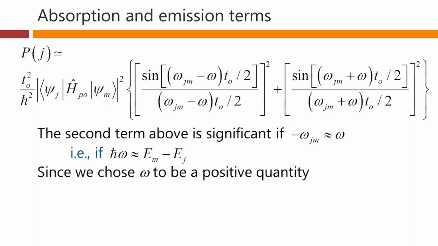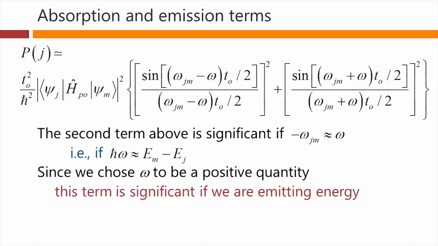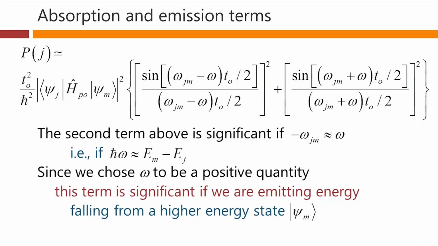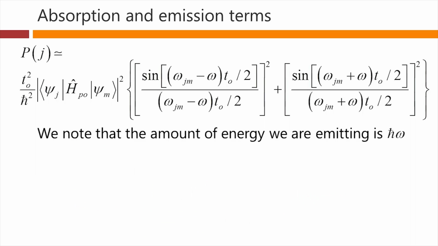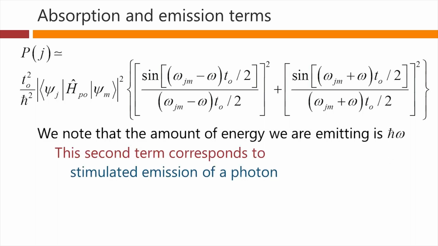Again, since we chose omega to be positive then, this term is significant if we are emitting energy, falling from a higher energy state, psi m, to a lower energy one, psi j. We note that the amount of energy here that we are emitting is h bar omega. So this second term corresponds to the stimulated emission of a photon. That's the process used in lasers.